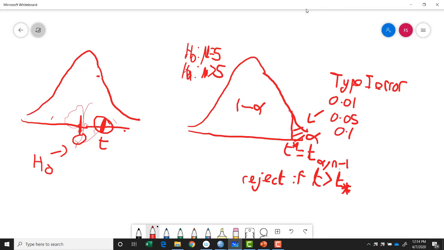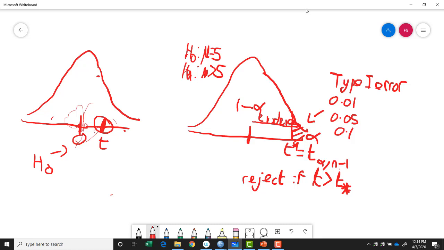So imagine that we start off, and this is mu is 5. And at 5, we have no evidence. Maybe we get to 5.1, 5.2, 5.3. And eventually, we have enough evidence. So across here, we're building evidence. So then we reject the null hypothesis and say there's evidence for the alternative hypothesis.